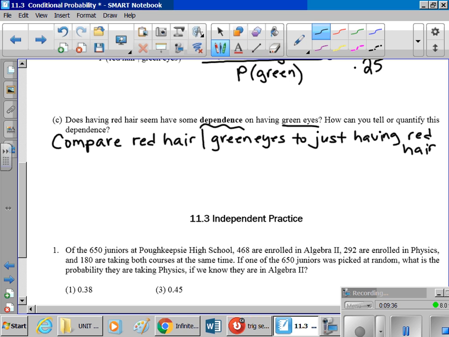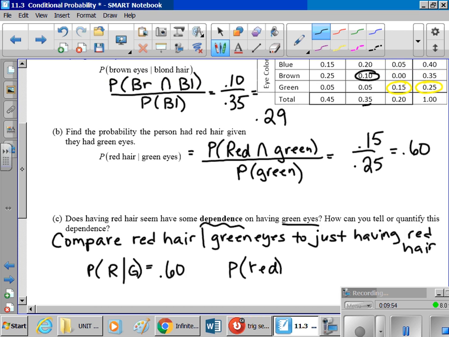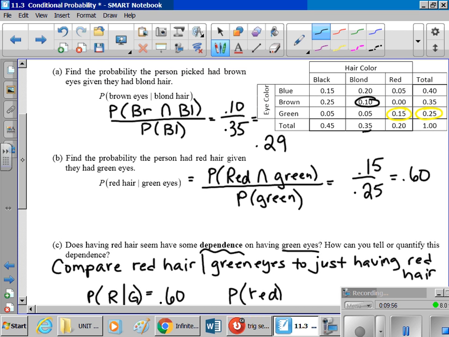So the probability of red given green is equal to, we did that on top, remember? It's right here, 0.60. The probability of just red hair alone, I have to go back up to our frequency table here. Just having red hair is 0.20 right there.